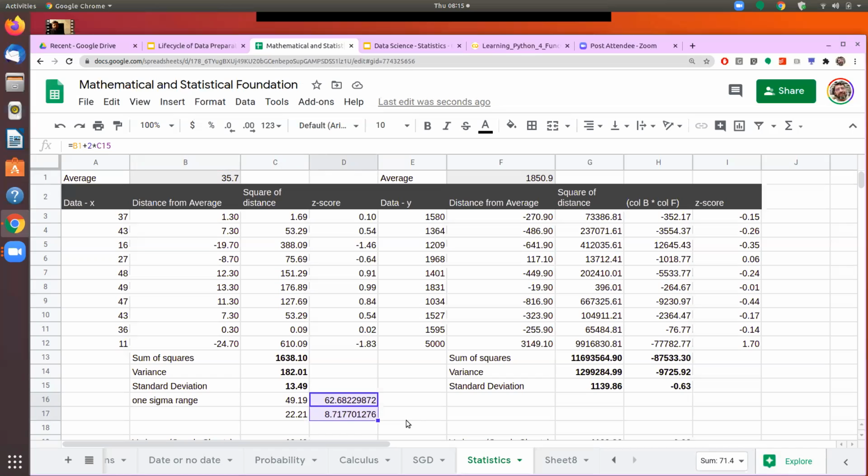Now, as you will see, the time that we take to reach office will not be a normal distribution, because if it takes 35 minutes on a normal day, it is very unlikely that I will reach office in 8 minutes. But because of the traffic and all that, we may take more time.